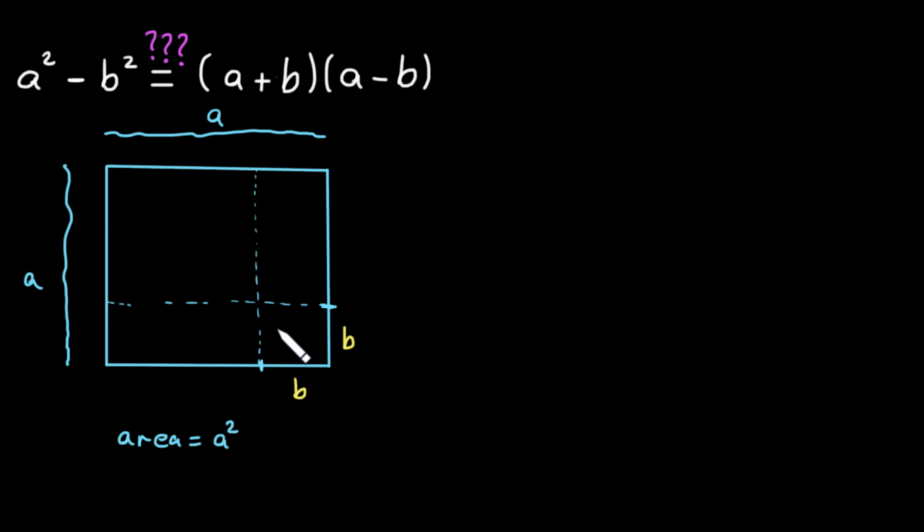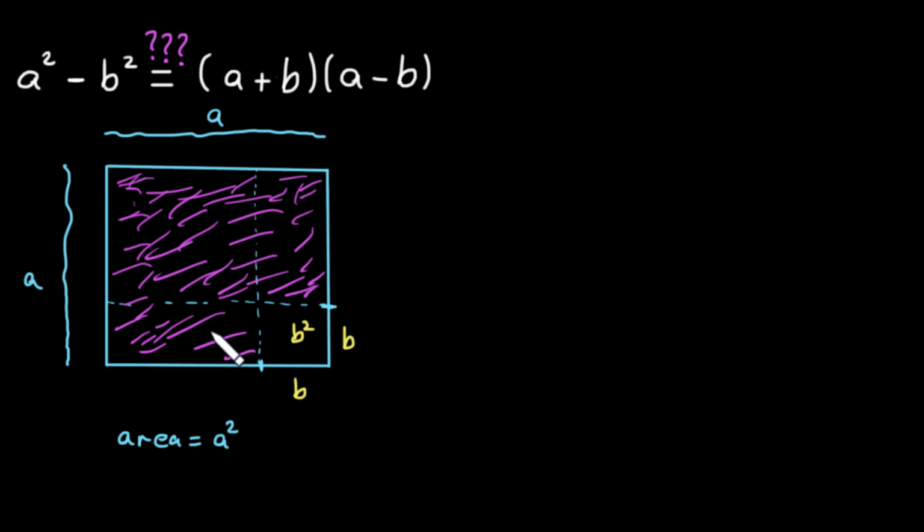So the area of this square is b square, because b multiplied by b equals b square, which I want to take out because I'm interested in this area. Here the length is b, parallel to this one, which is also b.